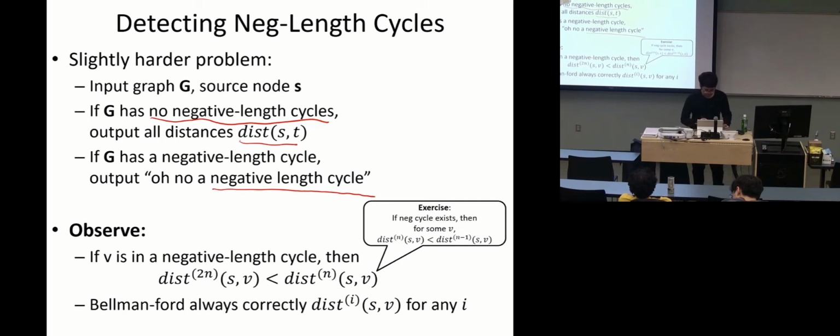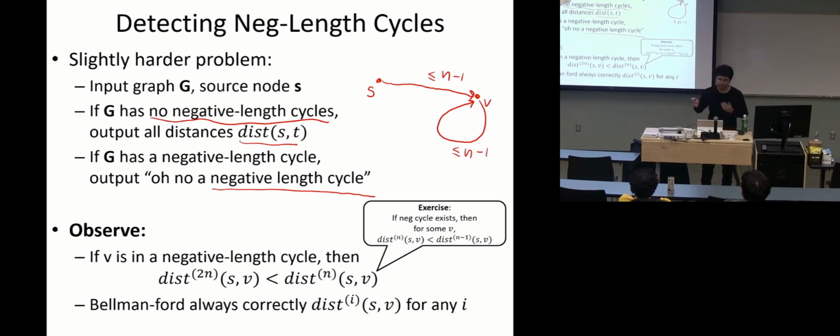So let's say that this is s and this is v. Let's say there is a path from s to v, and v is in a negative cycle. So you know that this is at most n hops, actually n minus 1, and this is n minus 1 too.